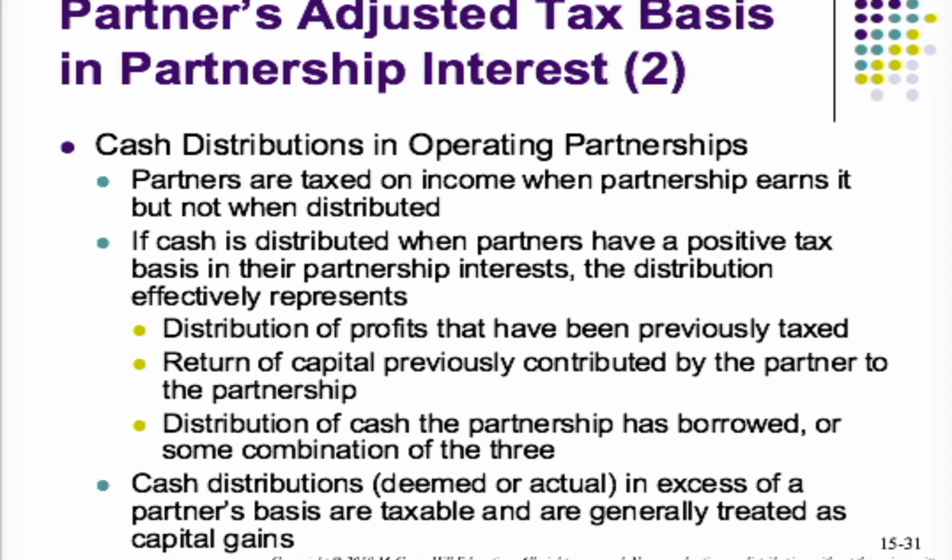So even if the money stays in the partnership's bank account at the partnership level and none of it goes out to the partners, they still, in their own individual tax returns, have to pay taxes on whatever their percentage of that income was. So obviously it's a pretty big disincentive to keep money within the partnership.